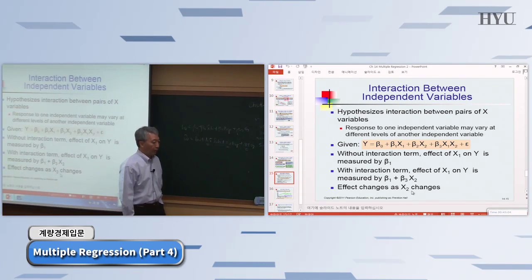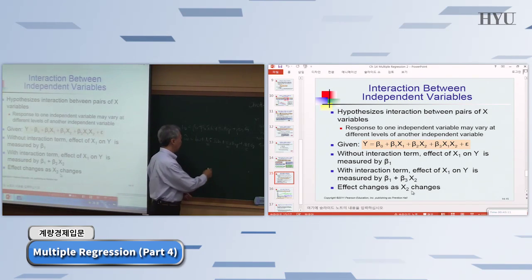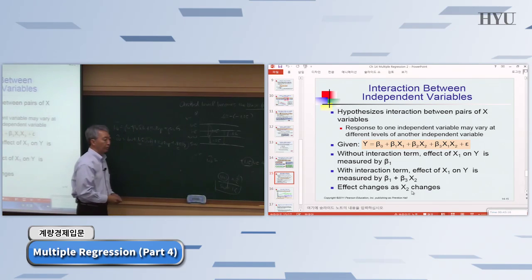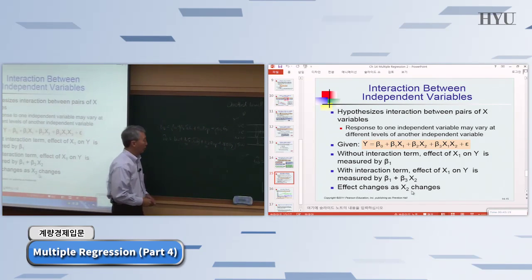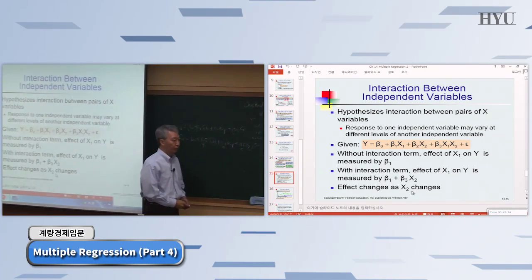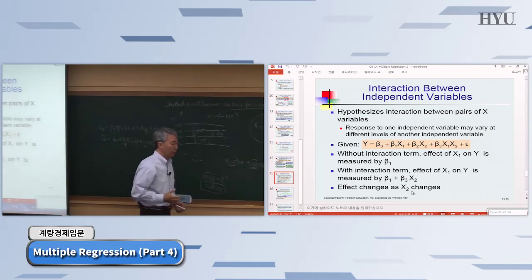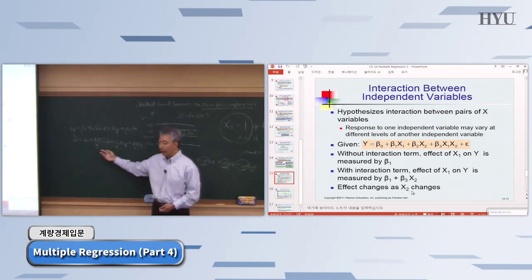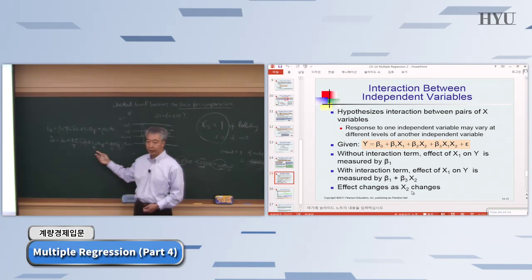But you may ask the question, is that really true? Depending on gender, whether you are male or female, will this number remain constant? Is it really true for both men and women that for every additional year of schooling, wage increases by $1.50, and for every additional year of experience, that person's wage will increase by $2.10?